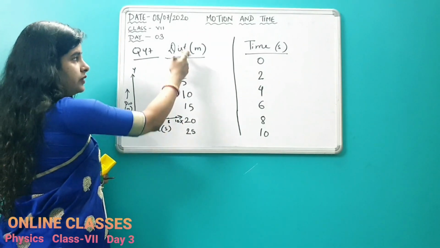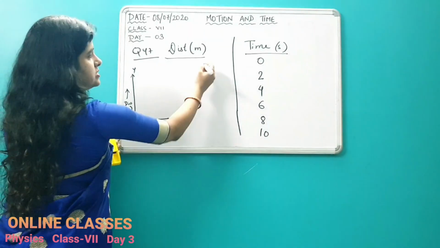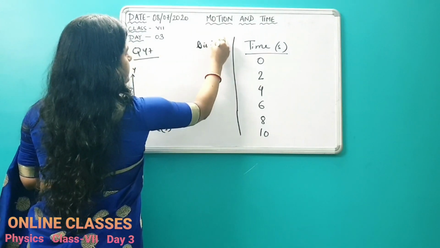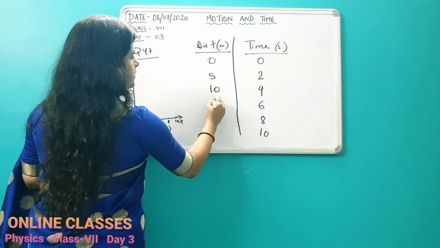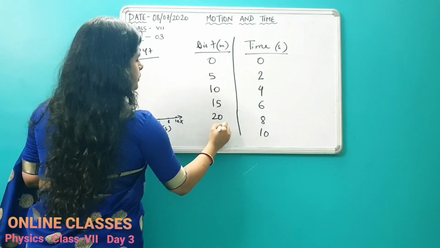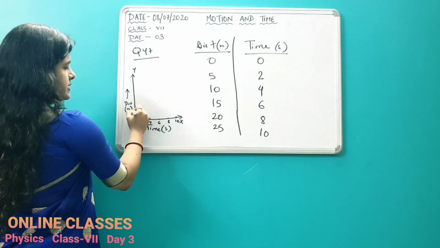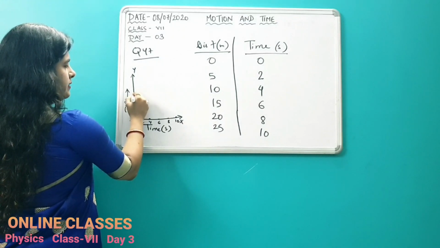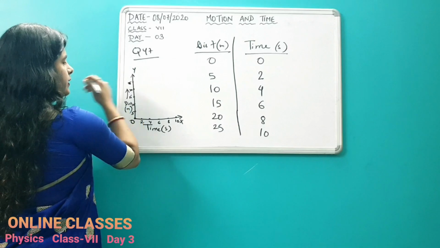Got it? Look at the distance. Distance is also increasing at a constant rate. Due to lack of space, I am noting it down like this, okay? 15, 20, 25. Now you see, distance I can take 5, 10, 15, 20, 25.